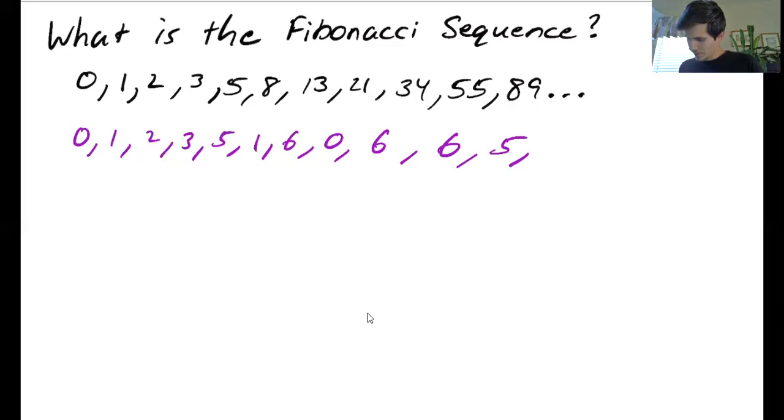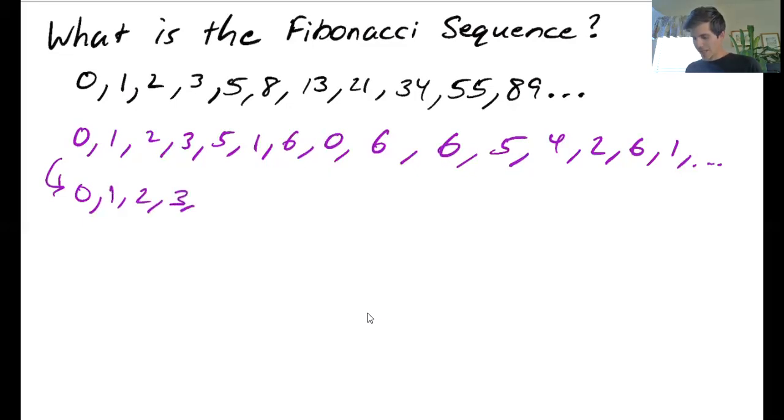So I'll even go forward: 4, 2, 6, 1, and after the 1, it actually goes back to the same thing, 0, dot, dot, dot, goes back to 0. So it actually repeats. It does the same thing here.